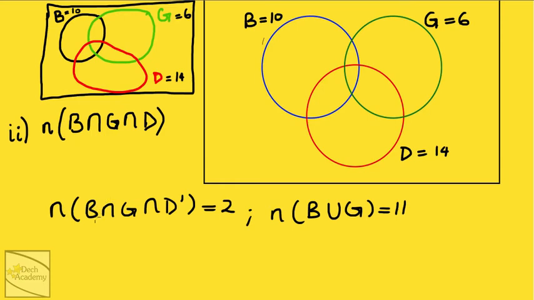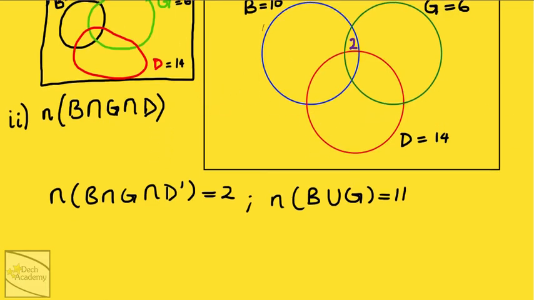But B intersection G is this whole region. B intersection G intersection D prime is just this region. So we're told that the number of elements in this region is 2.